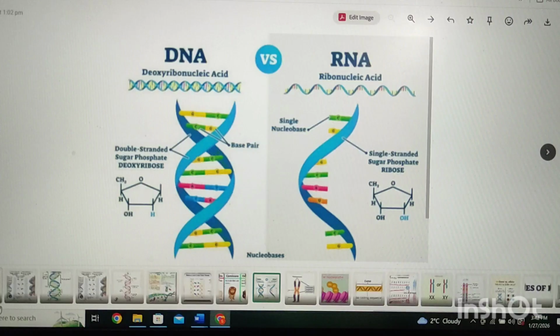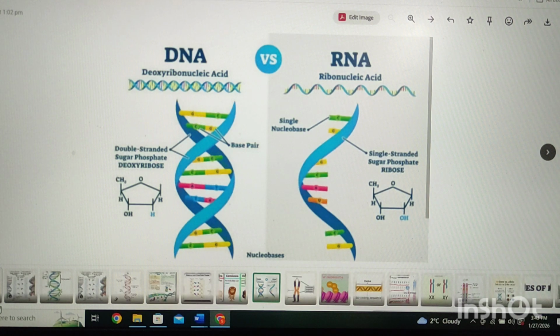That is the reason adenine here always pairs with uracil, and cytosine pairs with guanine. RNA's role is to express genetic information, which is a short-lived process used in the formation of protein, or protein synthesis.